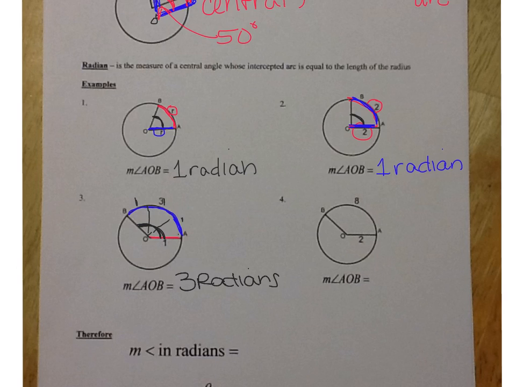All right, let's take a look at the last one. My arc has a length of 8. My radius has a length of 2. They are not equal. Remember, a radian is when the arc is equal to the radius. So I could break up 8 into groups of length 2.